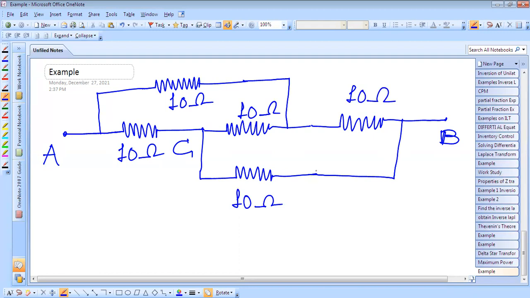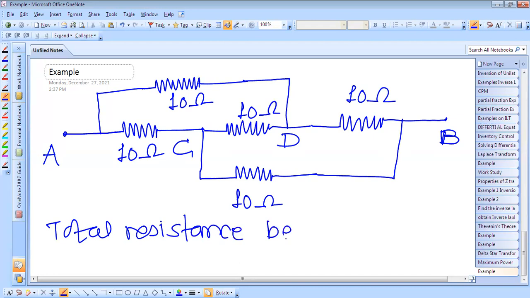So here we have to find the total resistance between A and B. Okay. So here we can see this resistance, and this.